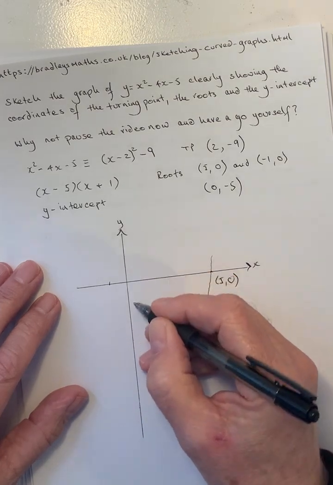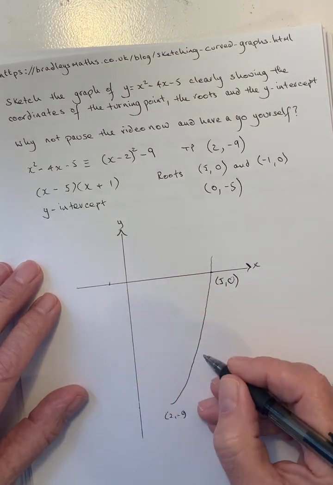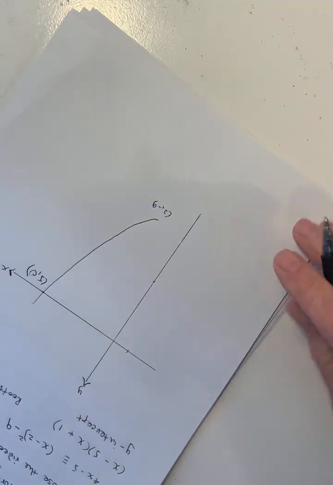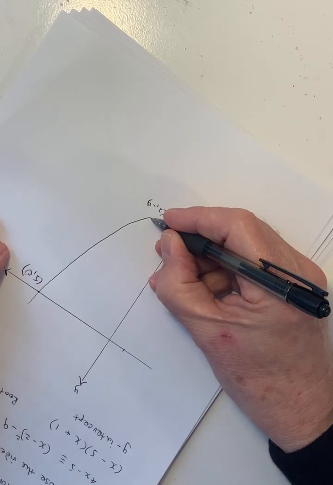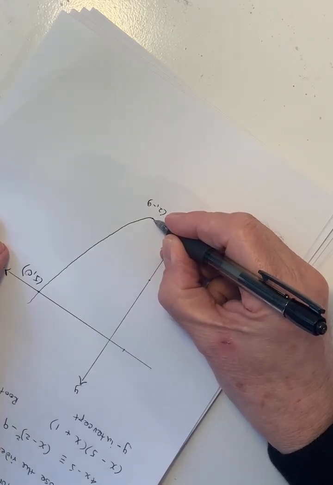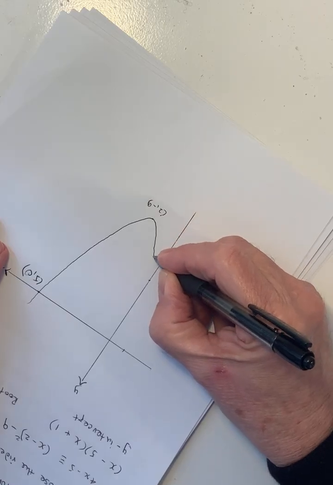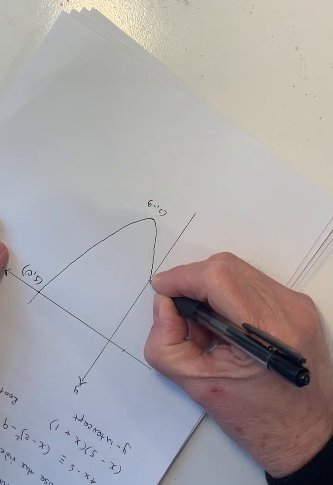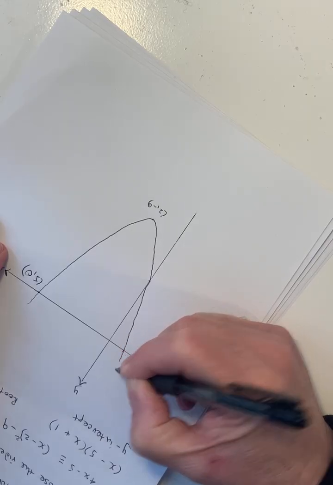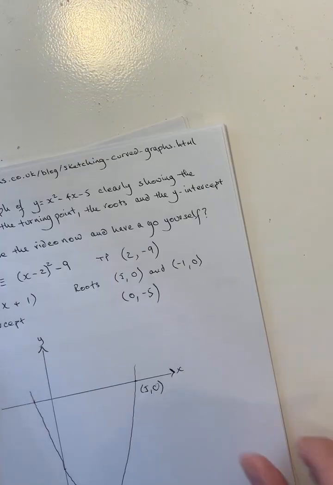I have a negative 5 down here, so that's going to be about there. That's going to be about negative 5, I think. And I like to turn my page upside down to do this side of the graph. So we come round through our y-intercept and up and just through there.